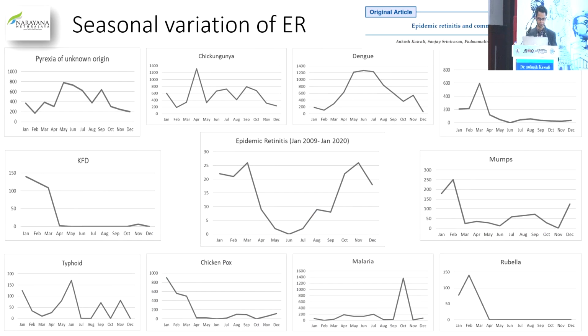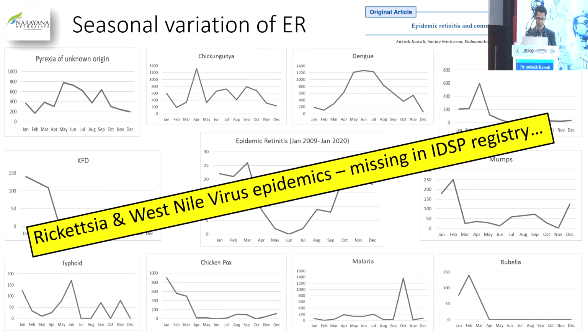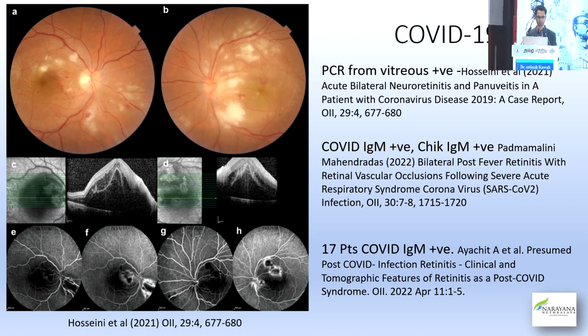We compared the graph of epidemic retinitis with the graph of other outbreaks which occur in the community. To our surprise, not a single graph was coinciding with this particular entity. But again, this IDSP registry did not include the outbreaks of rickettsia and West Nile virus. The study was done in 2015. So recently, I noted that they have started including rickettsial disease.